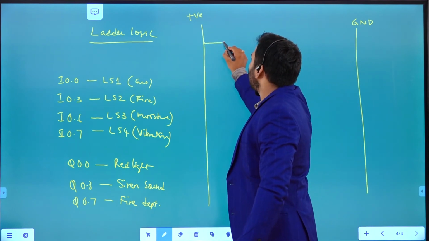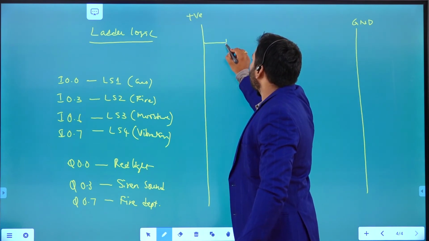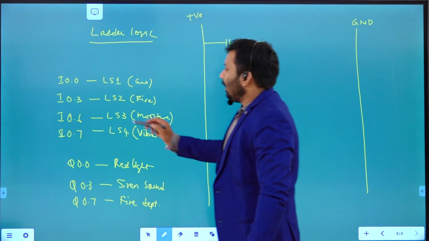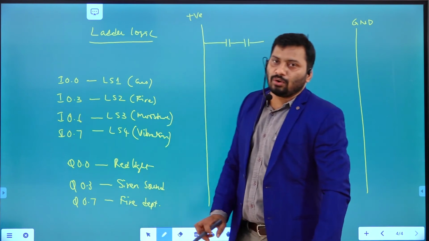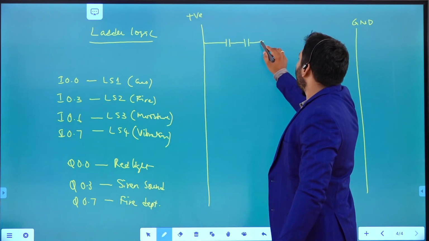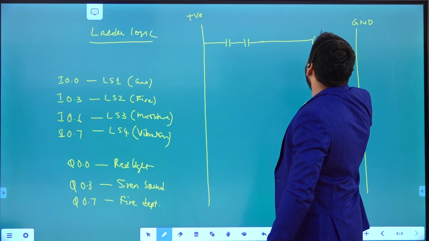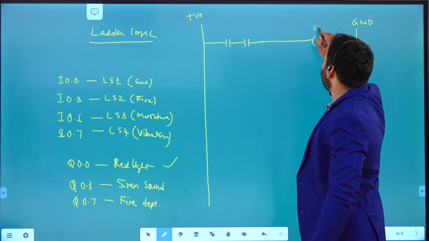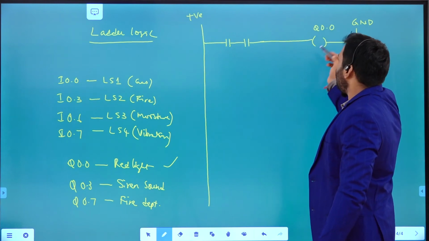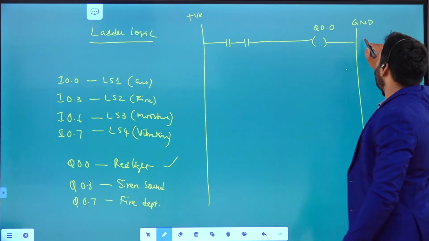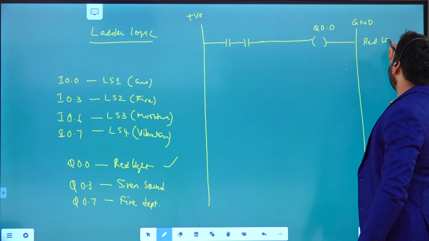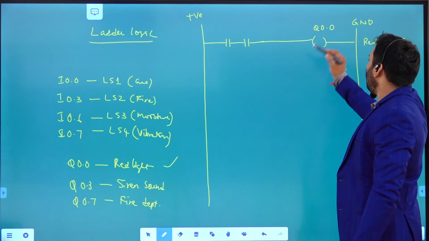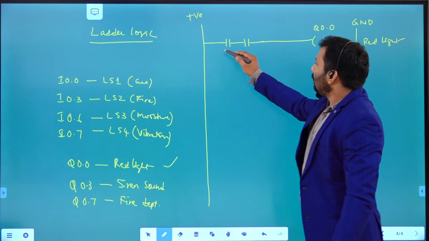How do you need to write the program? First thing is, if any two inputs are high, that means any two inputs are out of control. Out of control, something should be on. What should be on? Red light should be on. That means Q 0.0 should be high. This red pilot light is going to be on, right, once any two inputs are high.